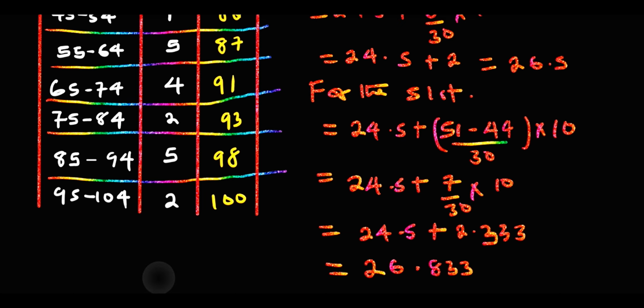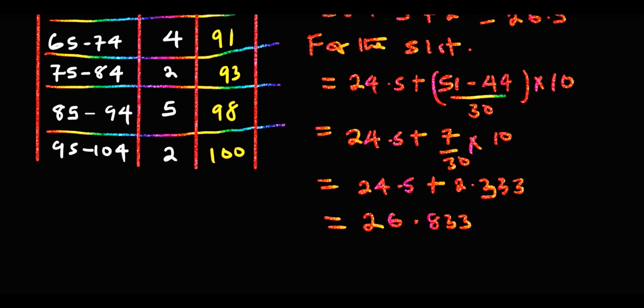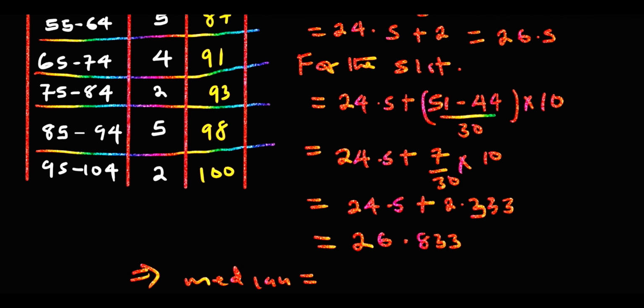So now we have the two of them. For us to get the median now, we just get the average of the two. So therefore, the median for this data will be given by the one we obtained for the 50th, which was 26.5, plus the one we obtained for the 51st, which is 26.833.